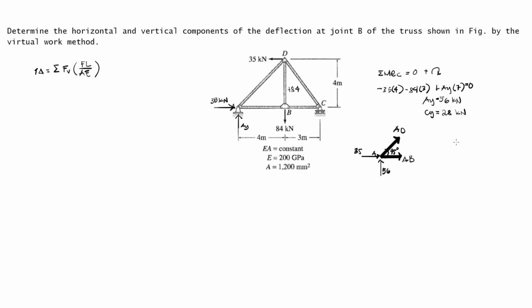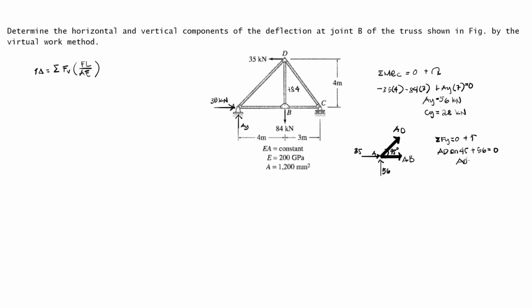Let's solve for AD first. Summation of forces along Y is equal to 0, positive upward. We have AD sine 45 plus 56 equal to 0.